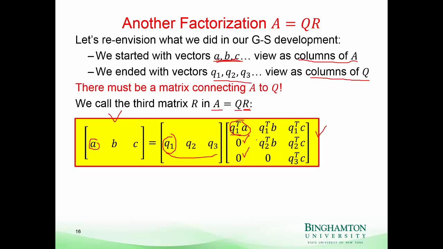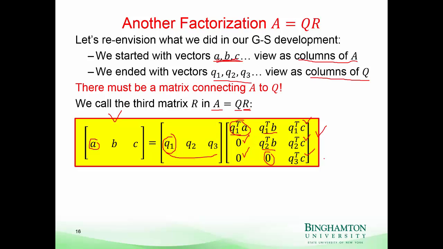Okay? Then we look at B, inner product with each of the first 2. Remember, B was the second vector that was provided to us, and then zeros underneath that. And then for the third vector, it actually interacts with all 3 of the Q orthonormal vectors.